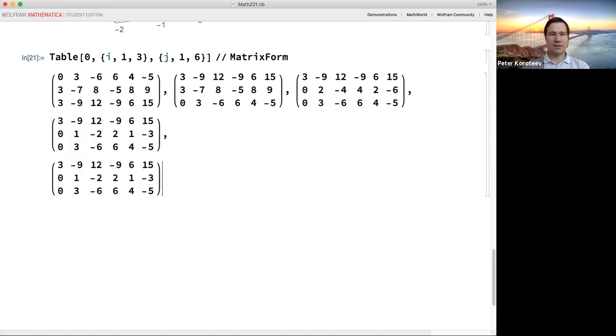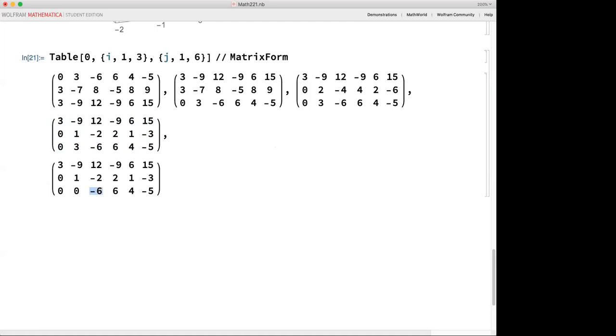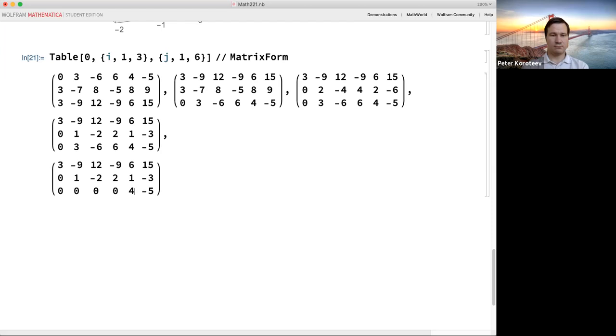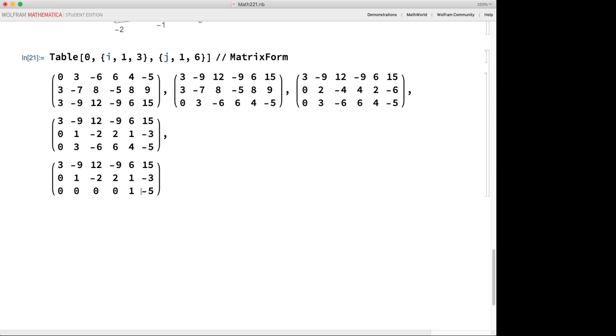Multiply the second row by -3 and add it to the third one. So we get 0, 0, 0, 1, and 4. Yeah, that's right.